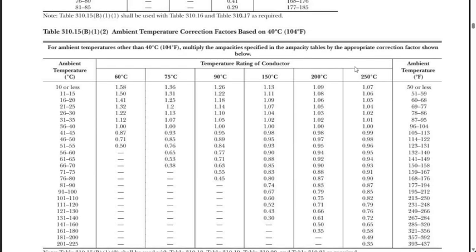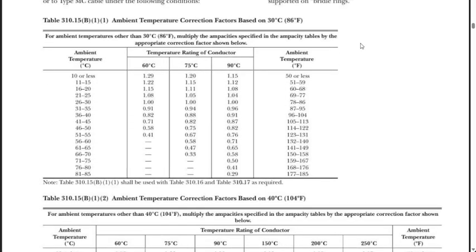Usually these are going to be for things like motors or machinery, and this is a higher temperature setting for the wires. So make note of that. If you see that 140, that's not our table. We want the table that has the 30 degrees Celsius, 86 degrees Fahrenheit, that limits the conductor temperature to 90. Make sure you're using the right one.